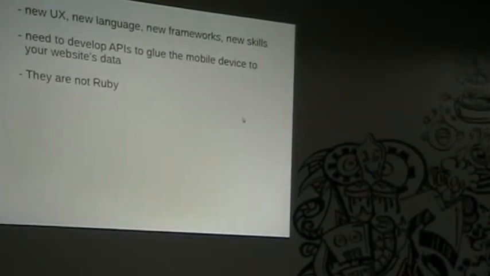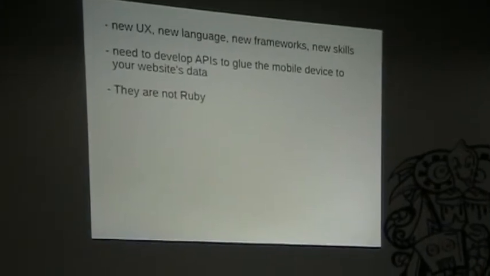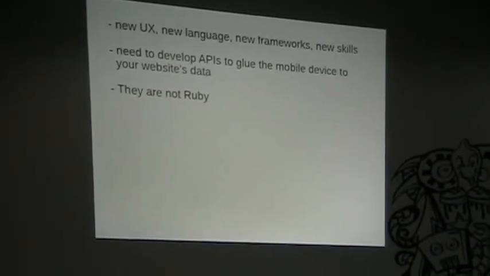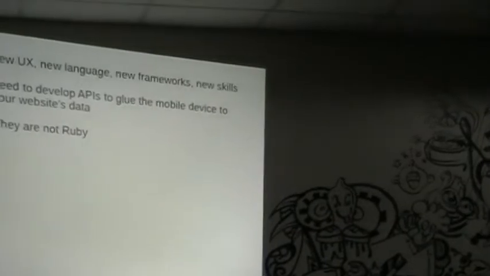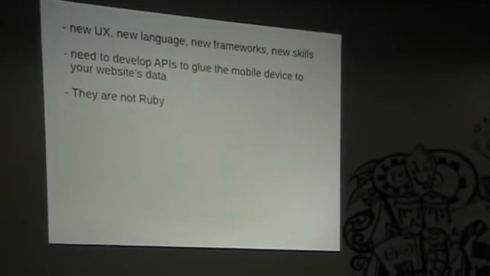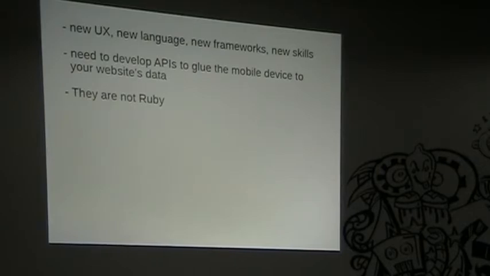You have to learn a new language, new frameworks. You have to learn Objective-C, Java. And then also in the backend, you have to develop APIs in order to communicate with your website's data. And the languages used are not Ruby.